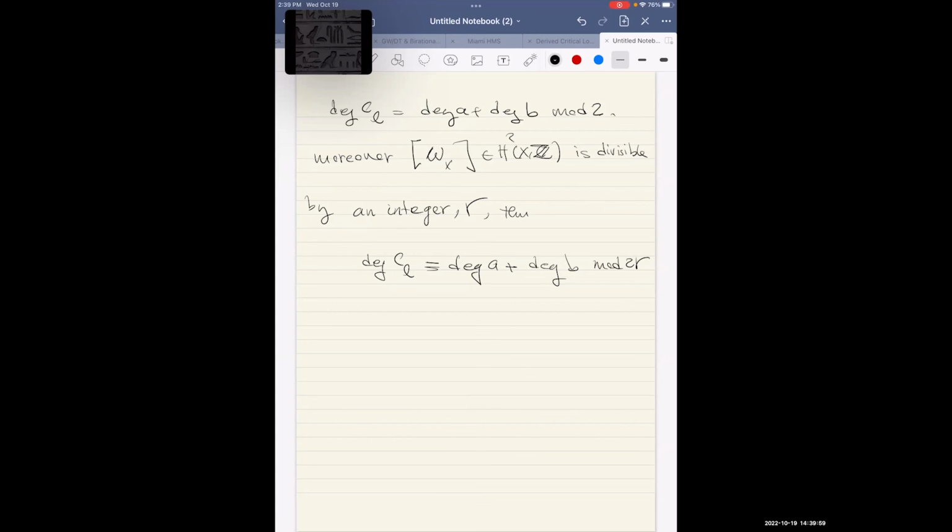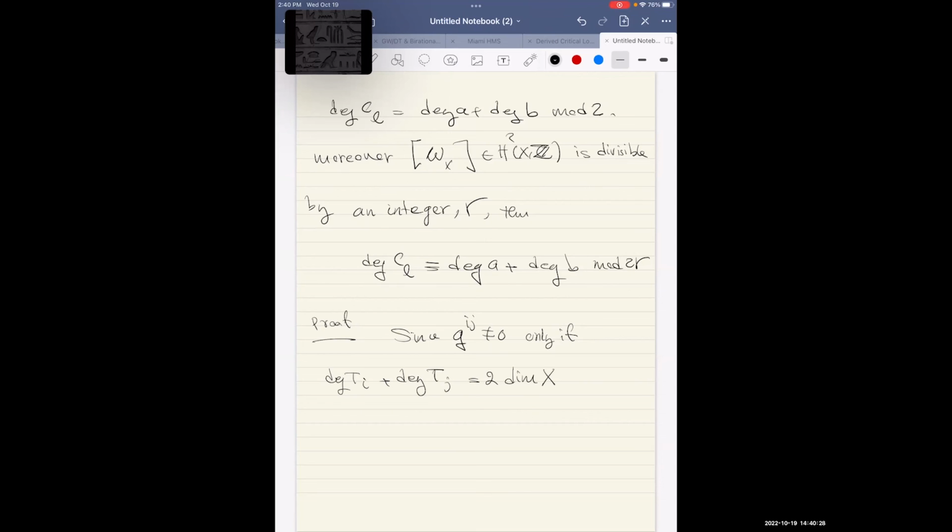I include this proof in here since G of ij is not equal to 0 only if degree of Ti plus degree of Tj is 2 times the dimension of X, right?